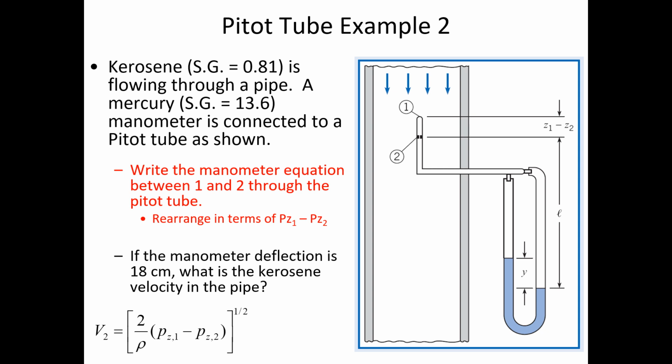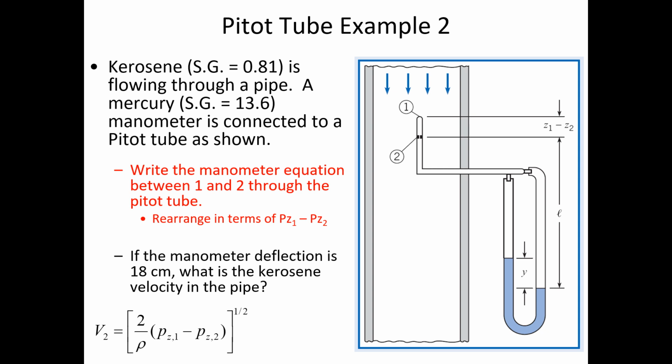All right, so it's the pressure at 1, whatever that pressure may be, plus the gamma of kerosene, because as we're going down through the pitot tube, it's kerosene in the pitot tube. Everywhere is kerosene except for this shaded blue area, which is mercury. So gamma of kerosene, we're going down the distance Z1 minus Z2.